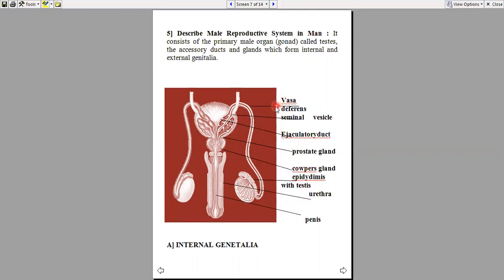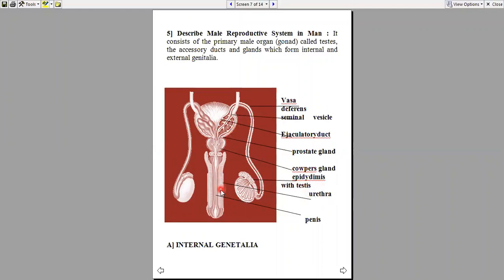Vasa deferens, before entering into urethra, joins with seminal vesicle. And when this joins with seminal vesicle, it forms a duct. And this duct is known as ejaculatory duct. Next to ejaculatory duct is the part called urethra.